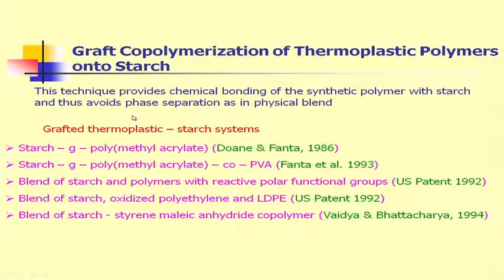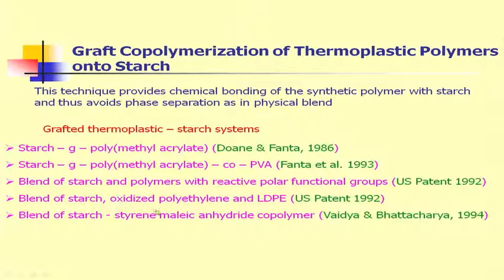Then polymers can also be modified for developing biodegradable polymers through copolymerization, graft copolymerization of thermoplastic polymers onto starch. So, starch can be grafted with, say, thermoplastic polymers. Some work has been done and some patents have also been taken. Here are a few examples. Starch was grafted with polymethyl acrylate, and starch was blended with polymers having reactive polar functional groups.